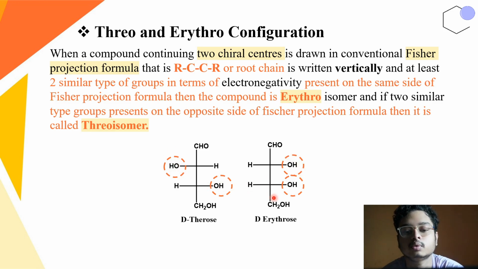Now if these two are on the same side, either right or left, then it is called the erythro isomer. And if both are present in the opposite direction, meaning one similar kind of group is present in the left direction and the other similar group is in the right direction, then it is called the threo isomer.